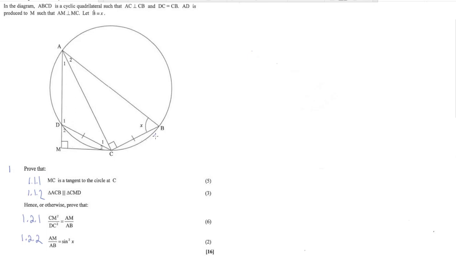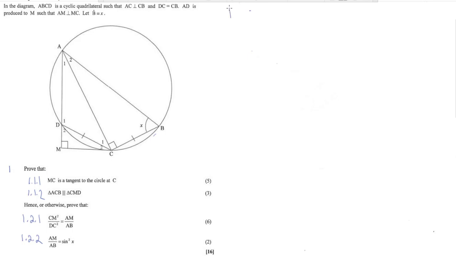So if this is a cyclic quadrilateral, the opposite angles when you add them will give you 180 degrees, or the exterior angle of a cyclic quadrilateral is equal to the interior opposite angle, meaning that D2 is equal to B, X. Okay? So we can start by that.